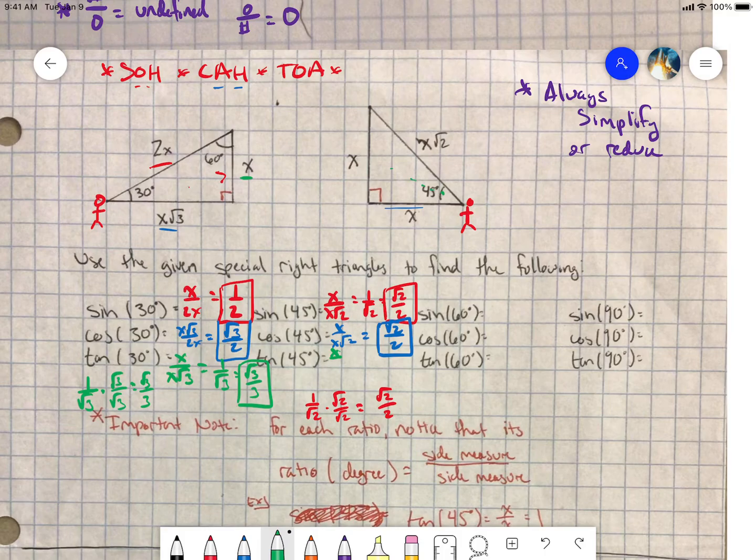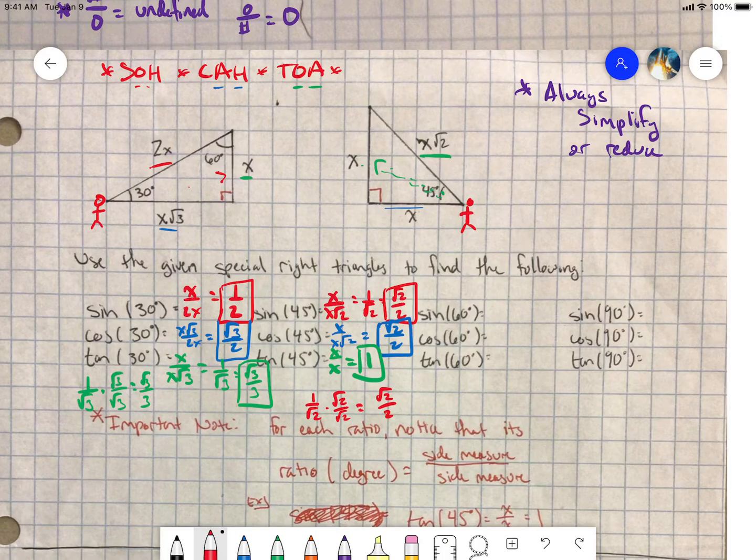That was opposite over hypotenuse. So tangent, remember, is opposite over adjacent. So the opposite side is x, so what's the adjacent side? It's x, right? So it's just x over x, which is 1. So tangent of 45 degrees will always be 1. Okay?